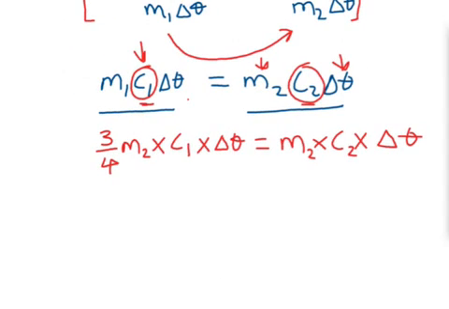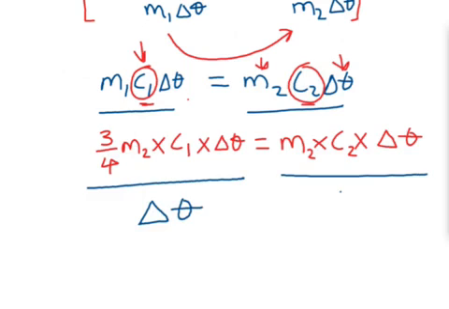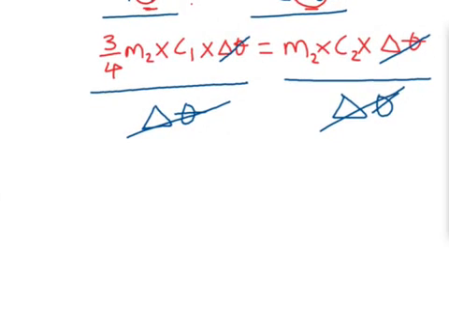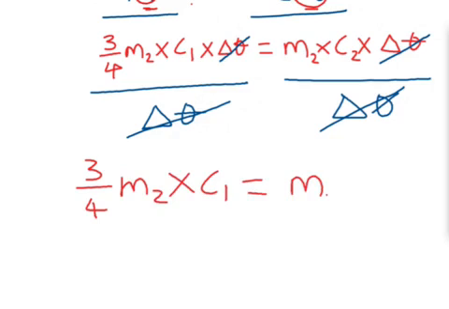To make this a bit simpler, we're going to cancel out the change in theta, since we have it on the left hand side and on the right hand side. So let's divide both sides by change in theta. This cancels out this, and this cancels out this. So eventually we'll be left with 3 over 4 M2 times C1 equals M2 times C2.